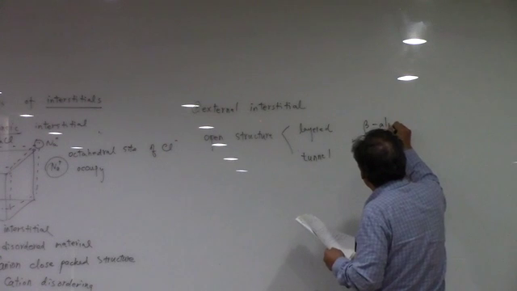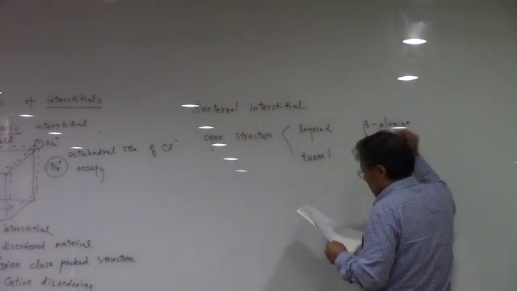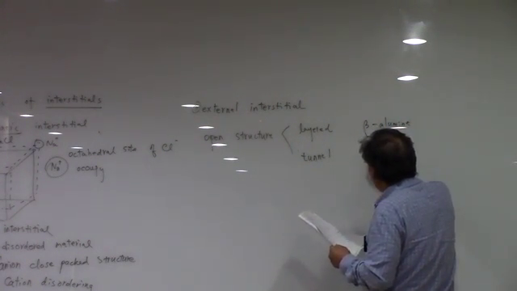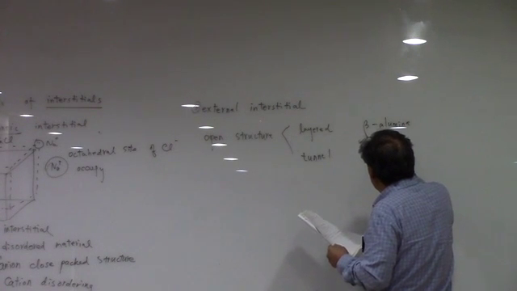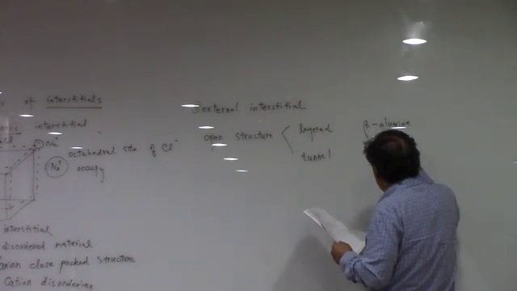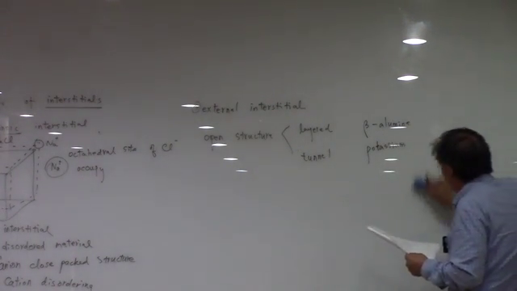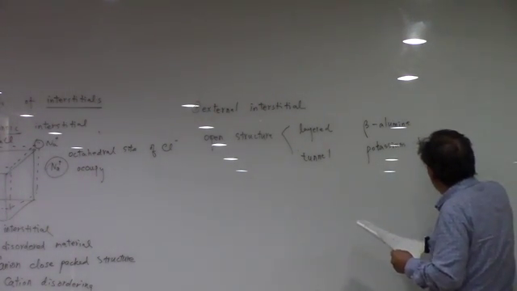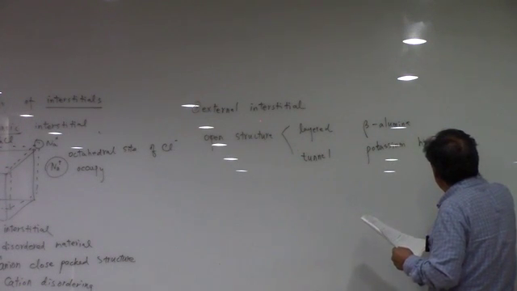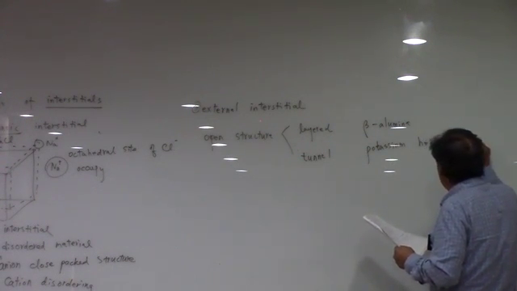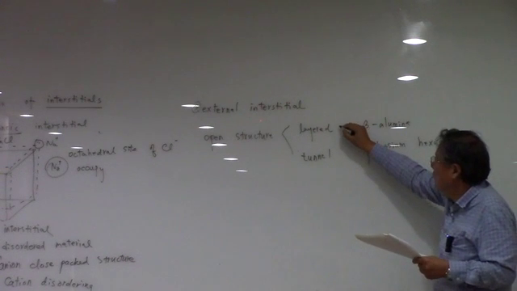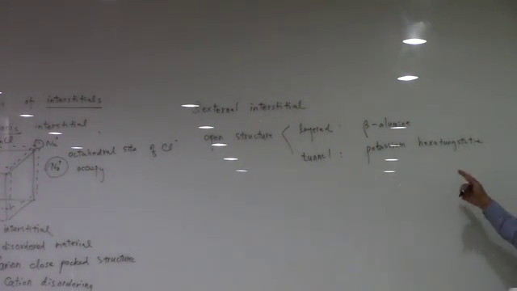And the tunnel structure is potassium tungsten, potassium hexatungstate, for example. Okay. By the way, the potassium hexatungstate is the material that I used for my PhD thesis at Stanford University. Okay.